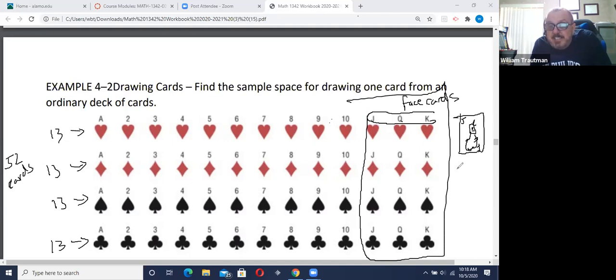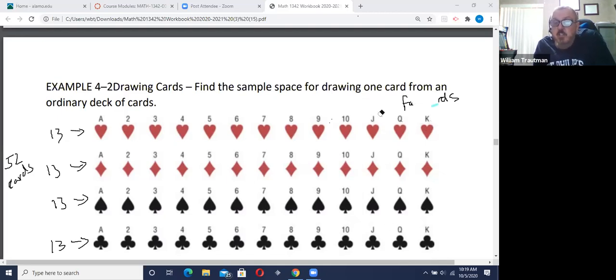A queen has a picture of a woman on it, and a king has a picture of a man on it. So all 3 of these, jacks, queens, and kings, are face cards because they all have an actual face. So we call those face cards. There are 3 times 4, 12 face cards in a deck, so we need to know that.